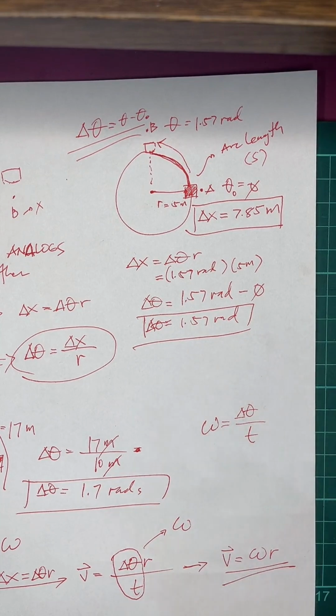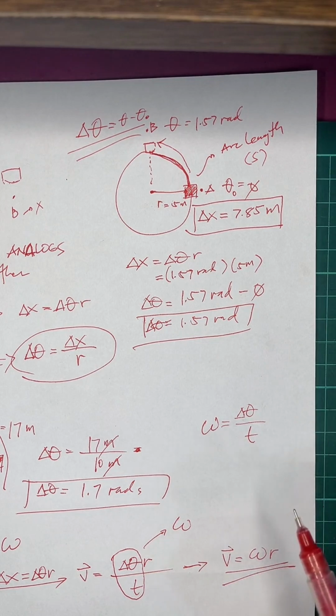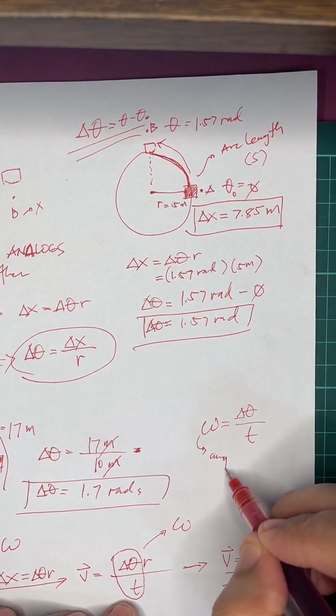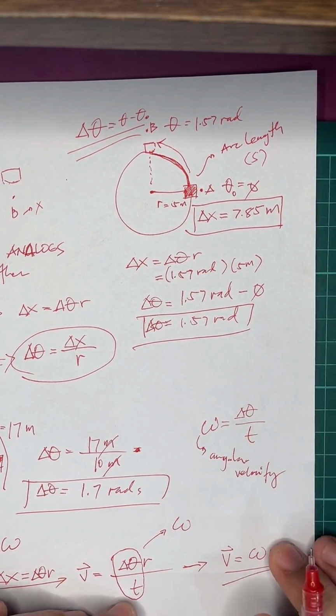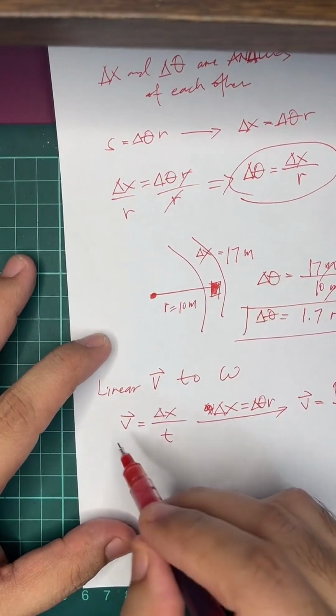And if we divide the angular displacement by the time it took the object to move in that path, then we will be able to get a velocity because you're dividing displacement by time. Right? So this time, since we are dealing with angular displacement, then what we will get is omega, which will be the angular velocity. The formula actually looks very much like this one.